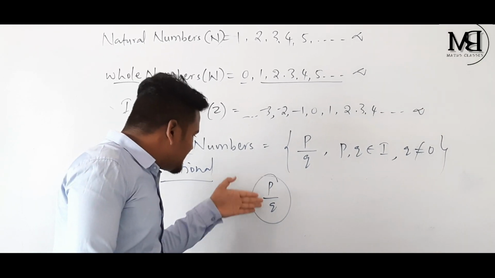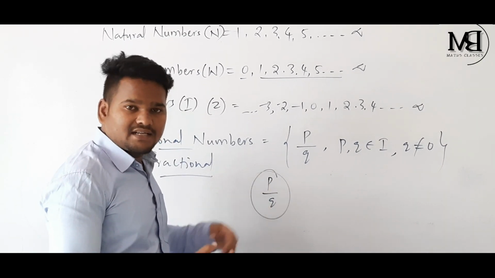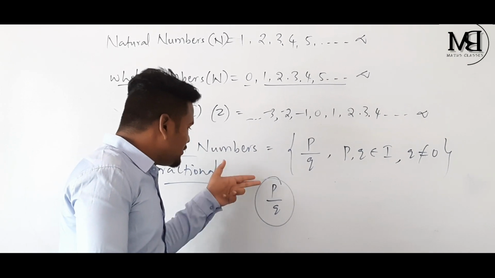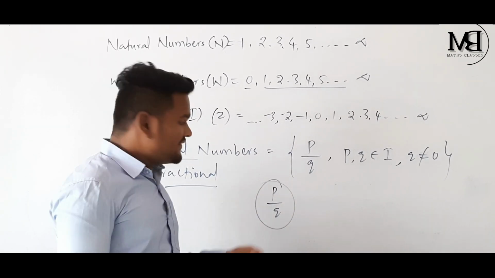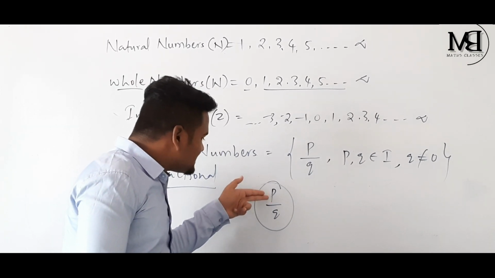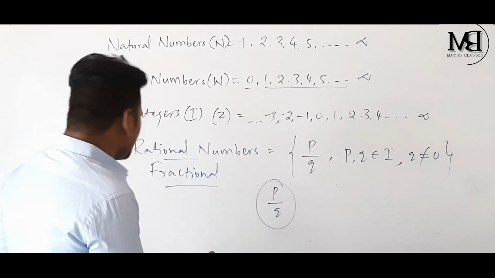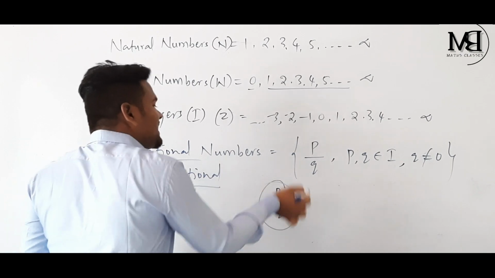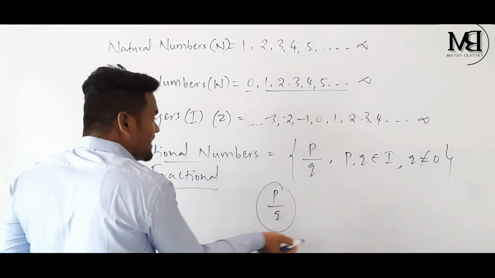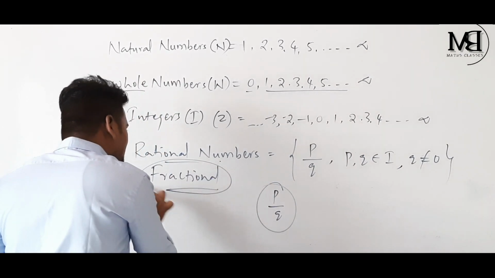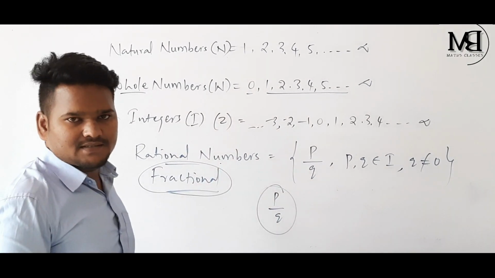As per division, it is dividend by divisor. As per fraction, numerator by denominator. As per ratio, antecedent by consequent. So actually a rational number is a fraction, so rational numbers can also be known as fractional numbers.